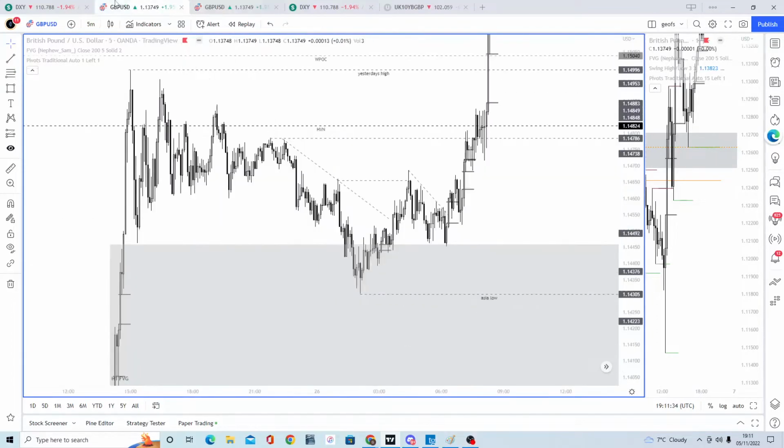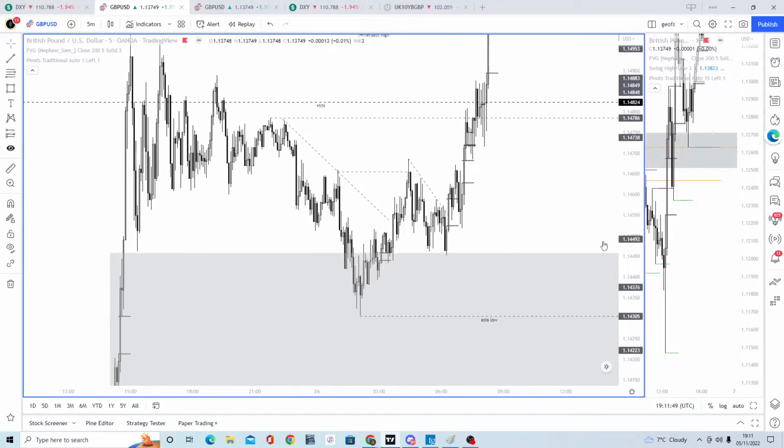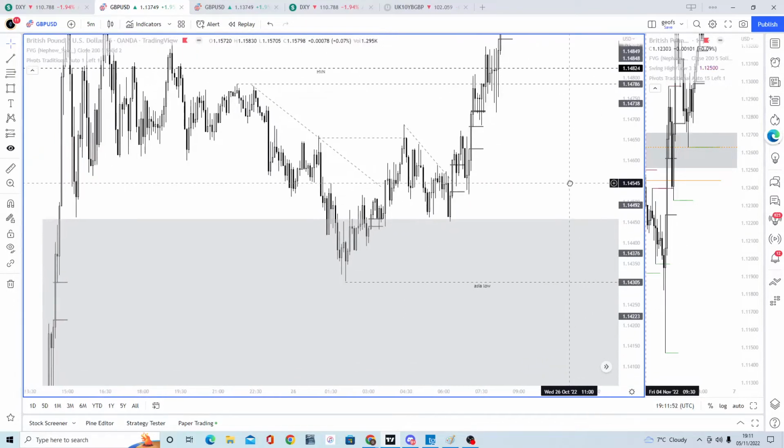We can trade off this. And for setup 2, we don't need a key level break at all. We just need supply and demand and some kind of break of liquidity and test of a supply and demand zone. So if we get a bit more granular in the 5 minute, what do we see? Trend line and break of structure.